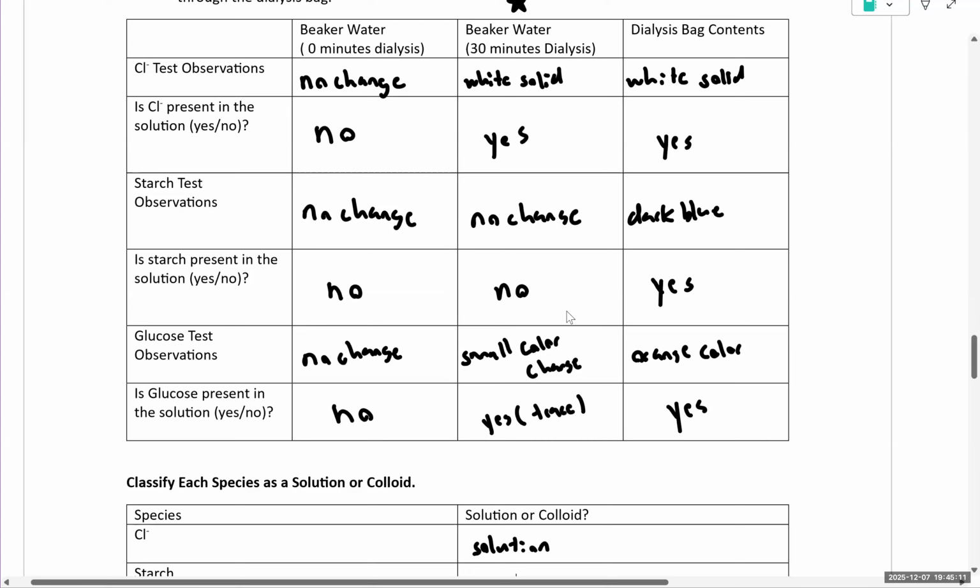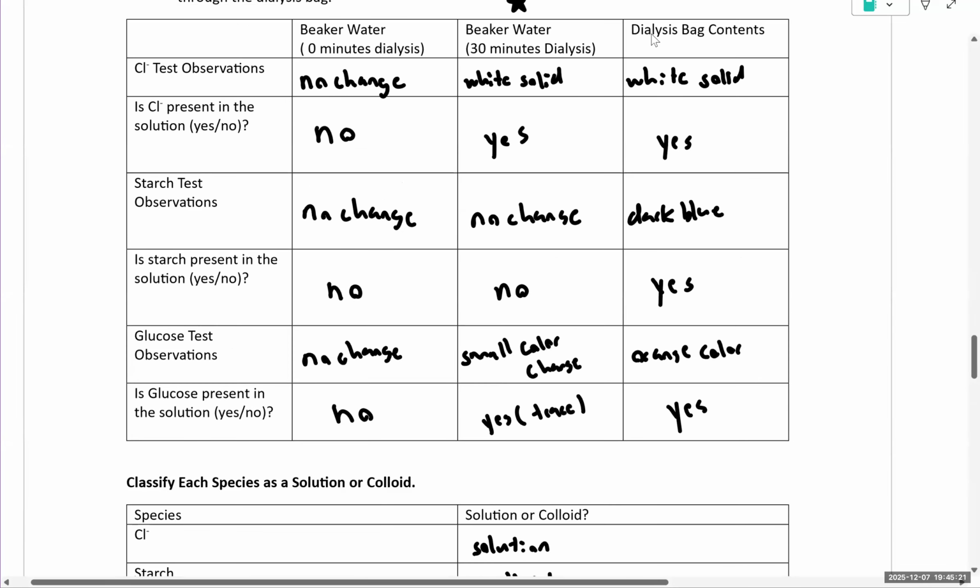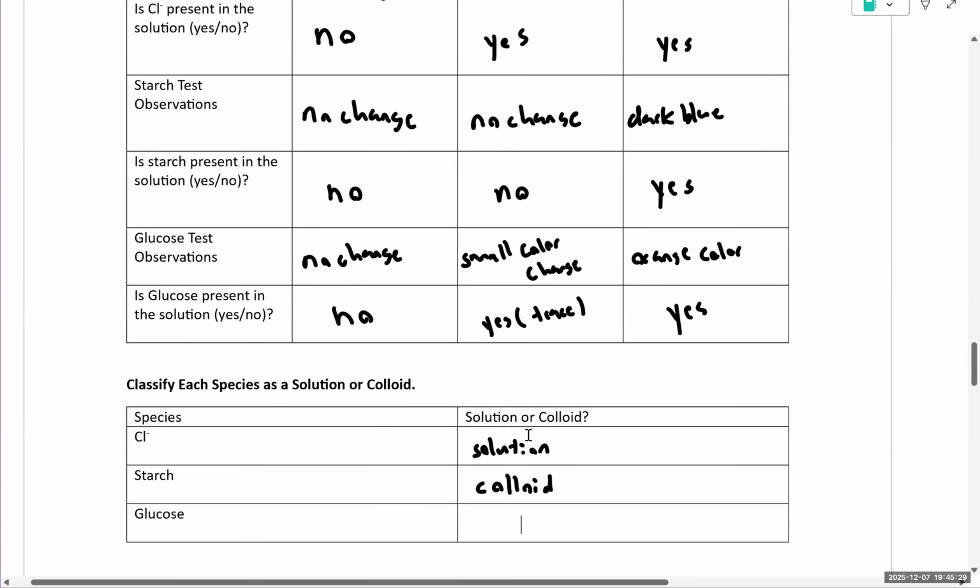We did not see it in the beaker water after 30 minutes, so we would call starch a colloid. Glucose did pass through the dialysis bag. We saw a little bit of it in the beaker water, but a lot less of it. So you can also call glucose a solution component, but it's much less efficient at passing through the dialysis bag.